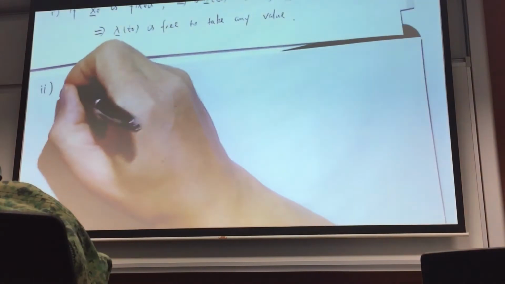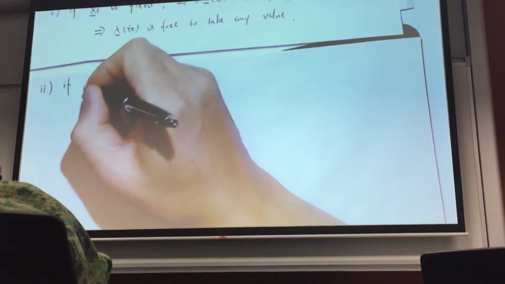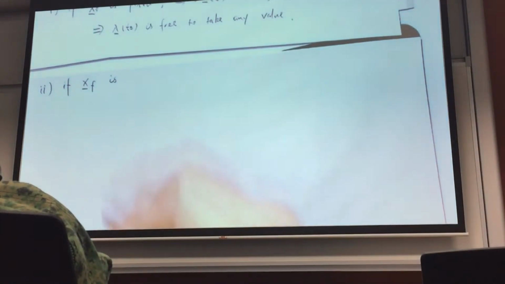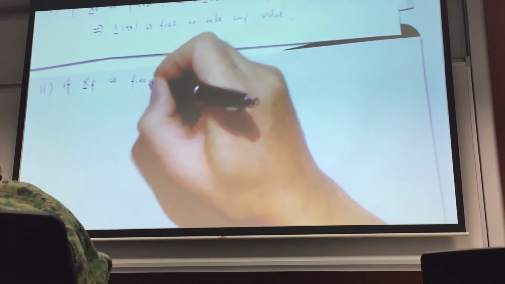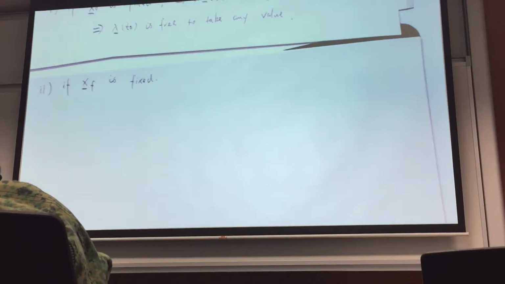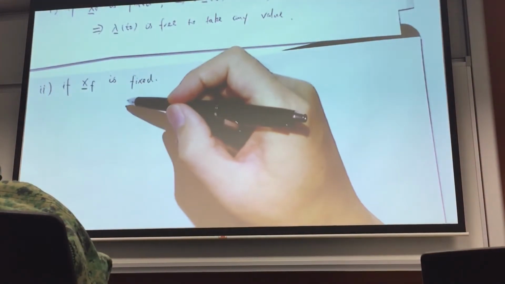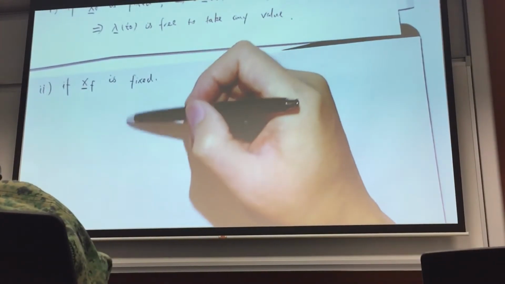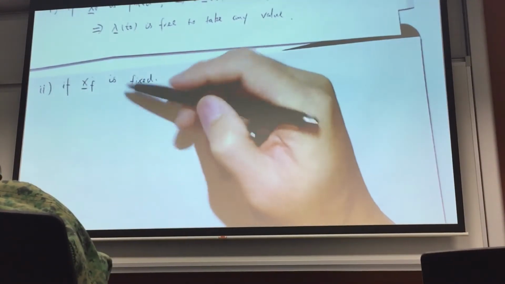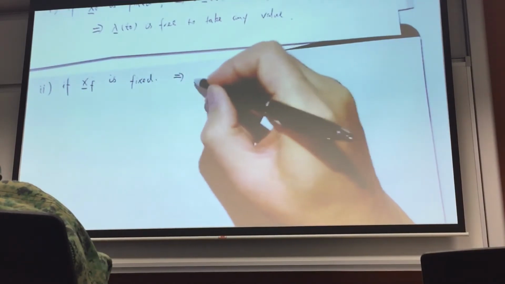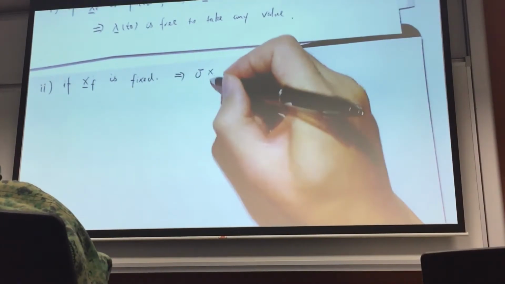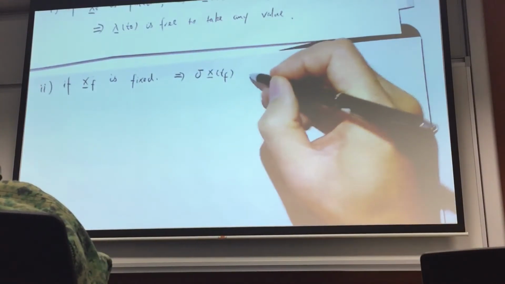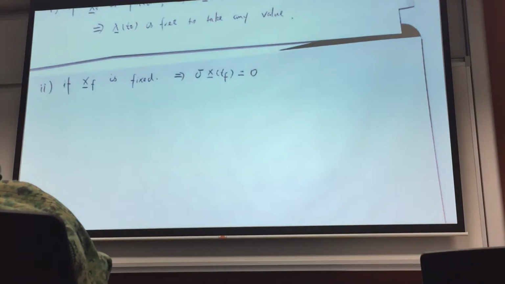Secondly, if the xf, the final state, is fixed. For example, in your pendulum problem, the final state is given: your final position, your final velocity. So this one is fixed, which means this delta x df is equal to 0.